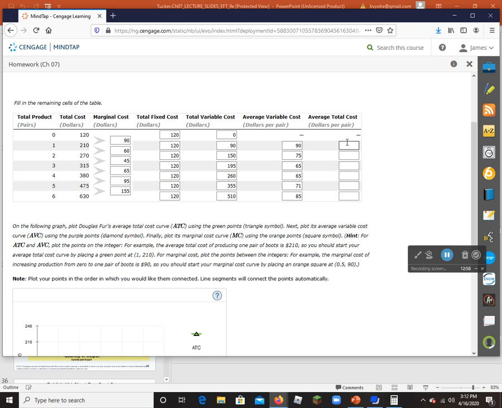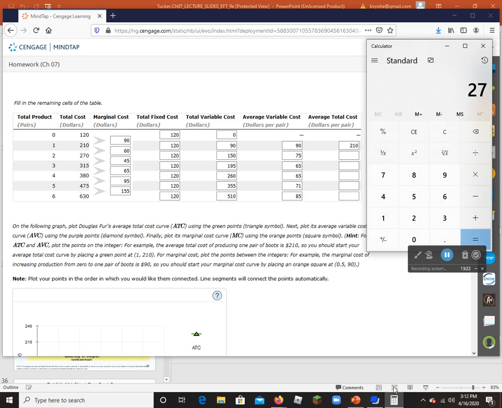Average total cost, you take the total cost at any unit of output and you divide it by the amount of output. So here I've got $210 in total cost divided by 1. My average total cost is $210 per unit. Going down here, 2 units, we have $270 in total cost divided by 2 units of output.